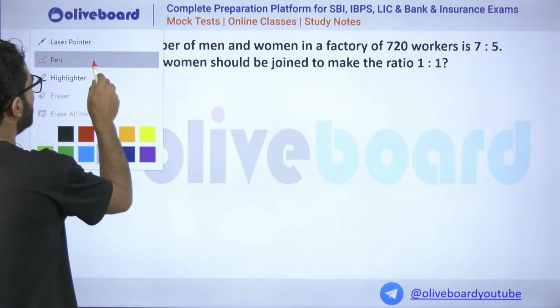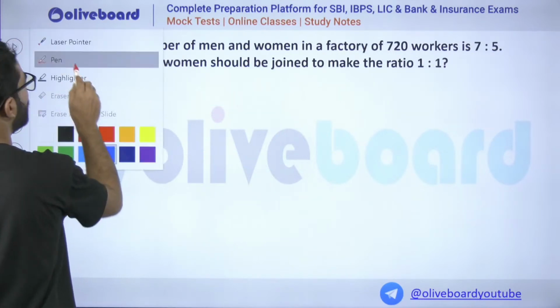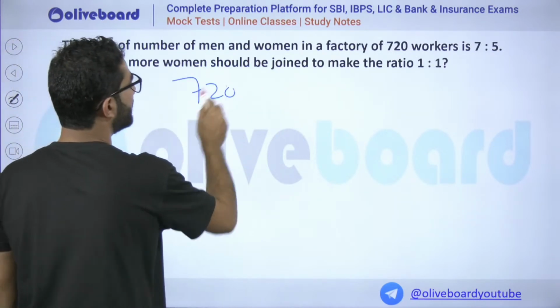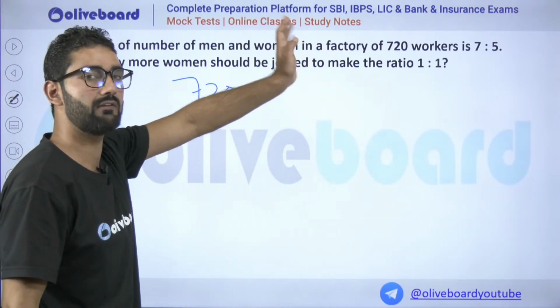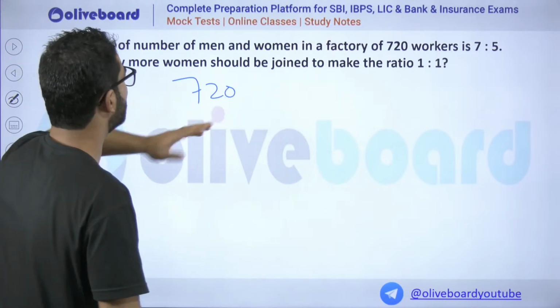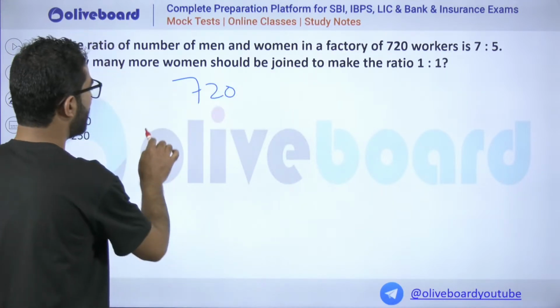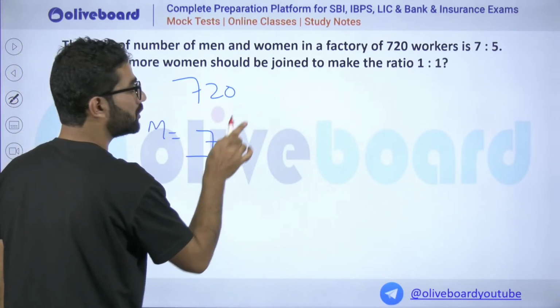So similarly, there are a total of 720 workers. Now their ratio is 7:5, men and women. Now we are going to calculate the number of men. What is the ratio for men? It is 7. What is the total ratio?